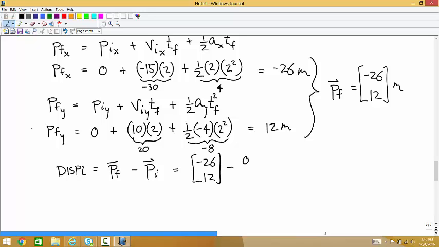We're subtracting PI, which was 0, 0. And so the displacement is the same as that final position vector, negative 26, positive 12. Any questions about that one?